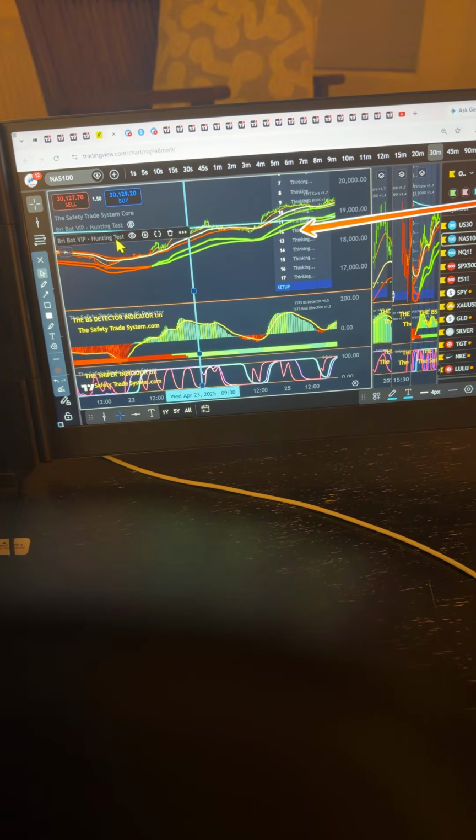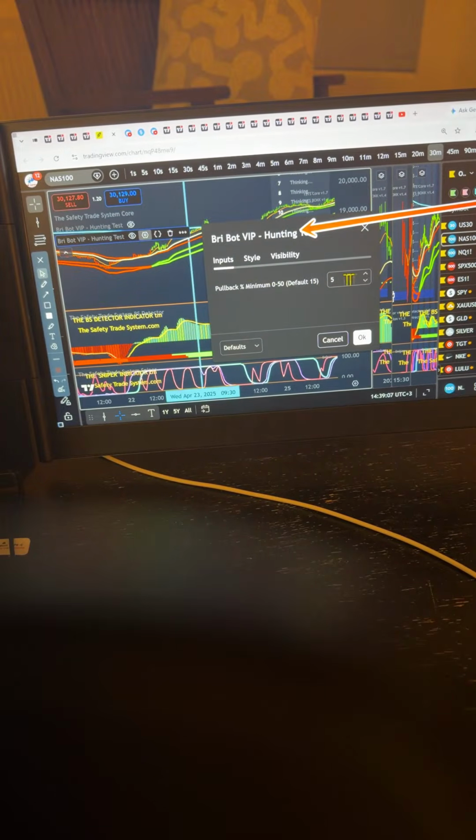Let's go back over to here. Let's go back into here. Let's lower it. I think I can keep this open. But it didn't see, it saw. Can you guys with the robot go over to NAS 100 30-minute and tell me if you see an entry somewhere around there, it doesn't need to be exact, just around it.